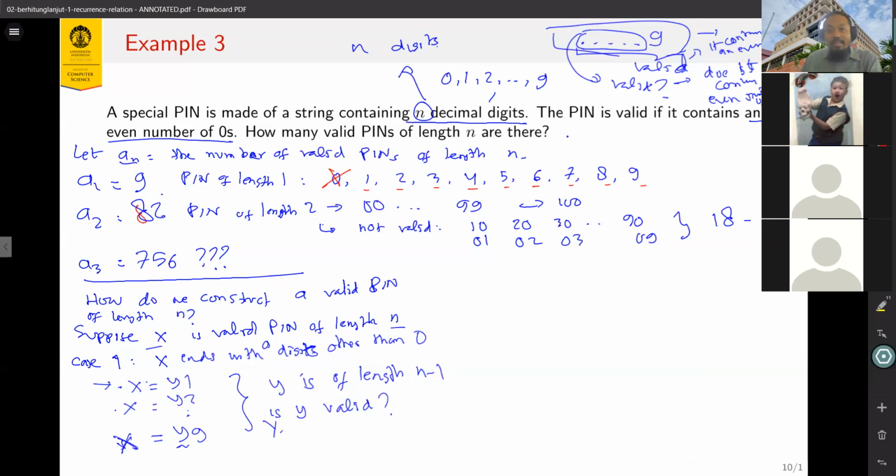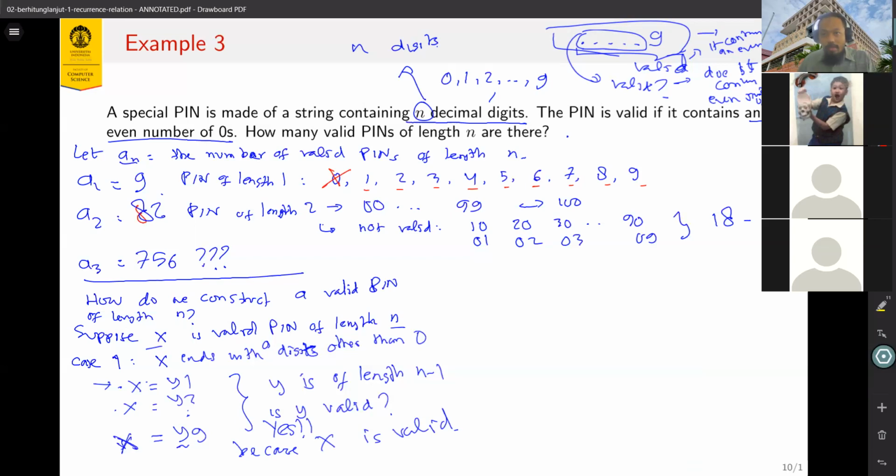Then the answer is yes, because x is valid, and y is just x except the last digit. And the last digit of x is not 0 in this case.